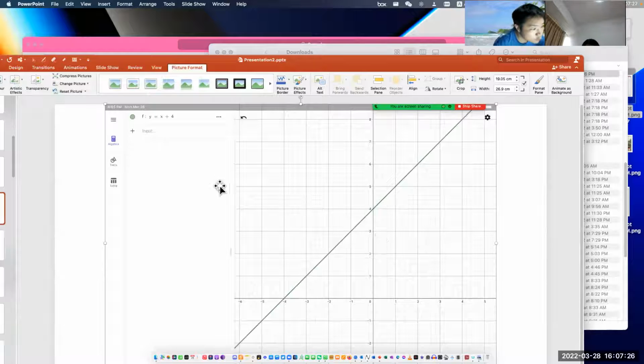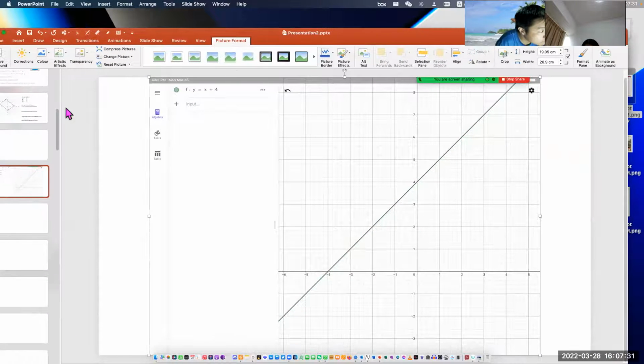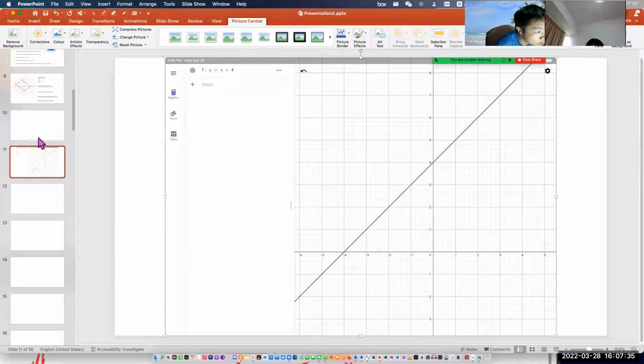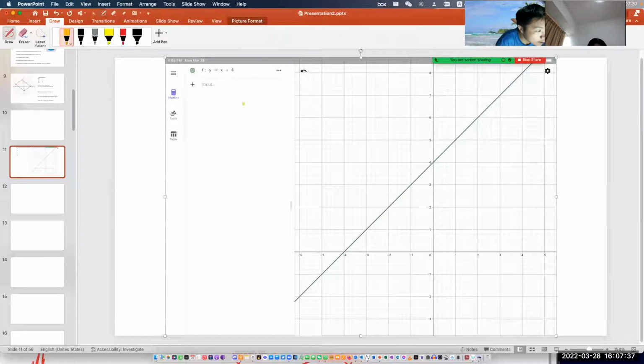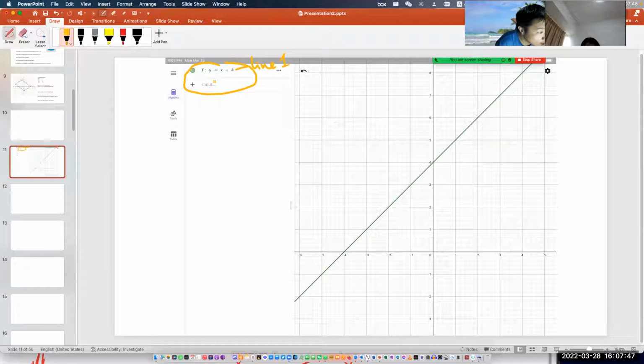Okay, if you look at this, I hope it's big enough. Is it big enough on your screen? Okay, good. This area is where you key in all the equations. So this is your line 1 equation. Later on, we are going to key in our line 2 here.